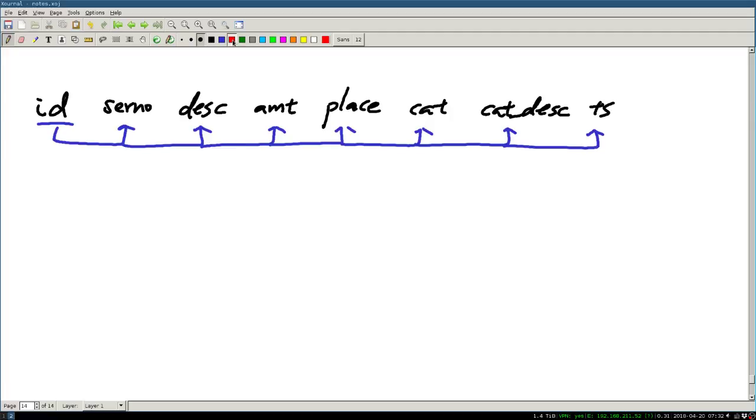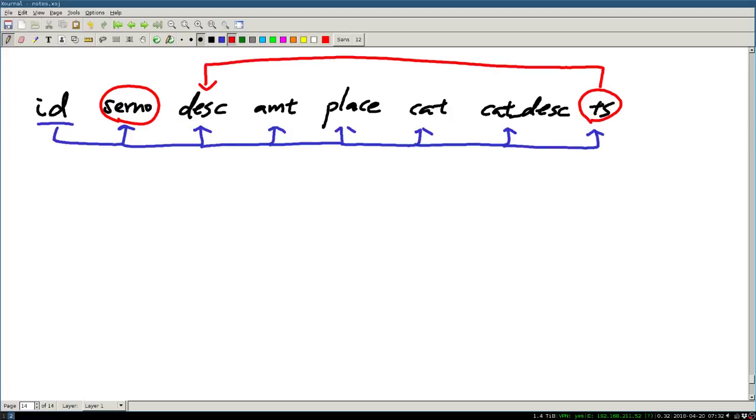So to find out the partial dependency, we need to examine all the partial combinations of the candidate keys to identify the partial dependency. So serial number and timestamp is the candidate key, and we learned that timestamp can be used for determining the description, amount, and place. So this is a partial dependency.